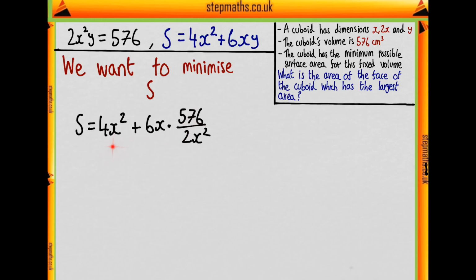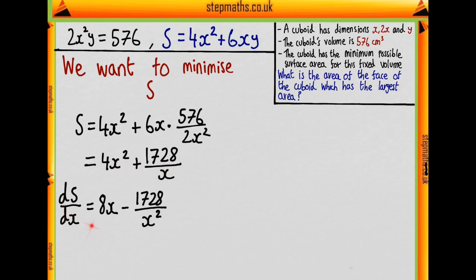So how do we do that? Well, we've got S here. We can rewrite it as this. 576 times 6 over 2 is 576 times 3, which is a bit of a pain to work out, but comes out as 1728. And if we want to find the minimum, we want to look at the derivative. So we look at dS by dx, which is equal to 8x minus 1728 over x squared.